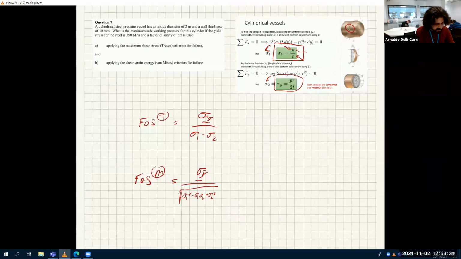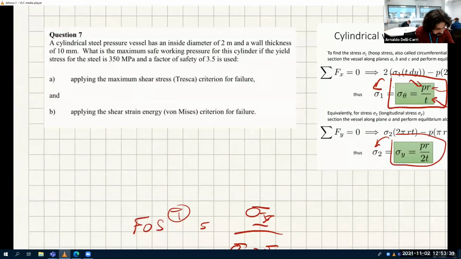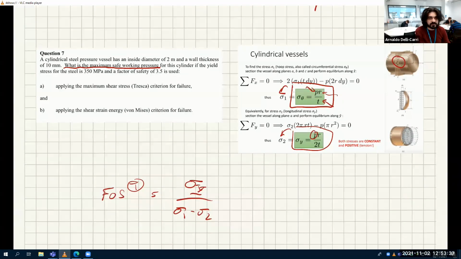And again, this is known. This is known. Inside here, there's the pressure that is unknown. And you can solve for the pressure because you want to find what is the maximum safe working pressure. So this P is the unknown.